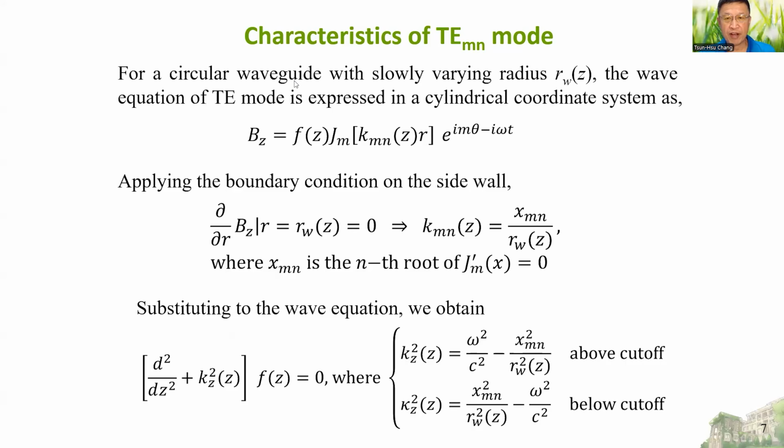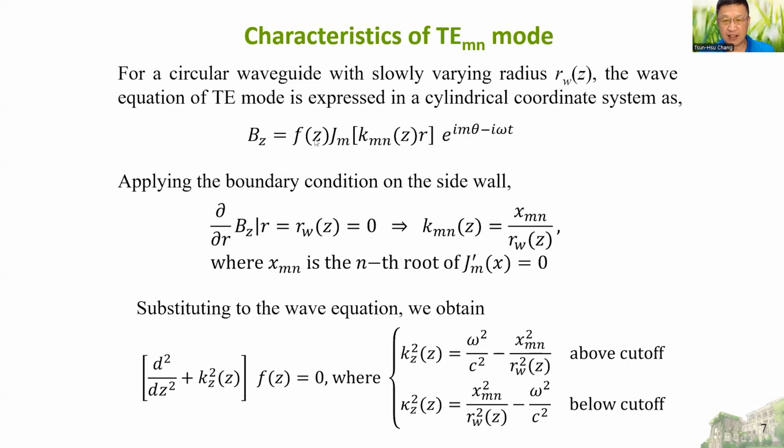For a circular or cylindrical waveguide with slowly varying radius, so the radius just changes slowly, the wave equation for the TE mode is expressed in a cylindrical coordinate system as here.